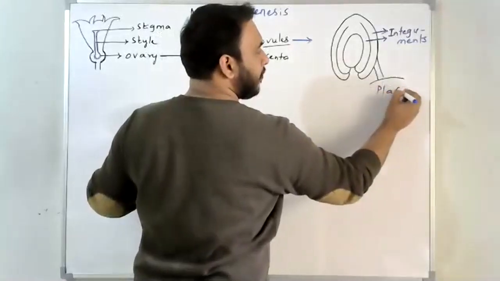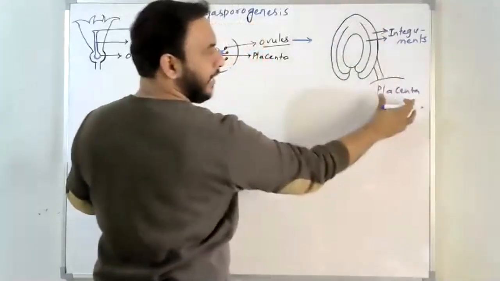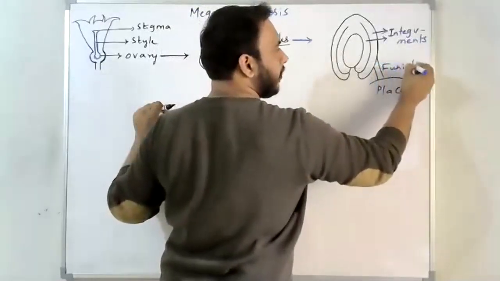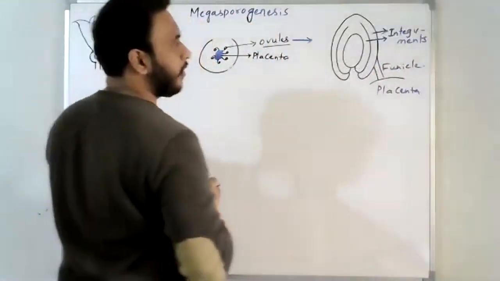And here is the placenta. That means the ovule is attached to the placenta with the help of the funicle, a stalk-like structure.